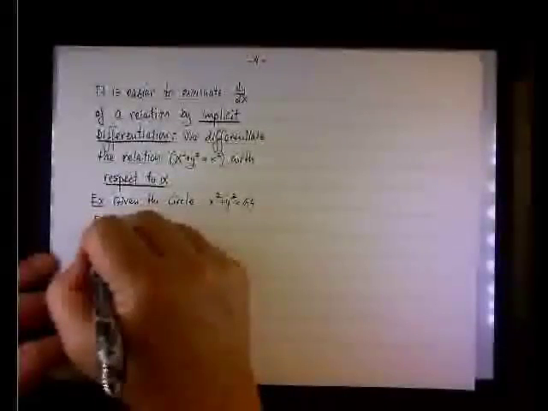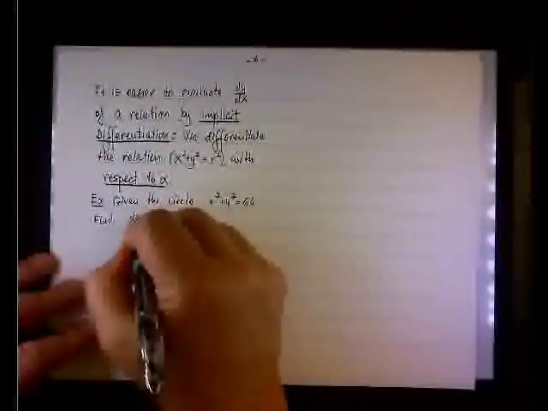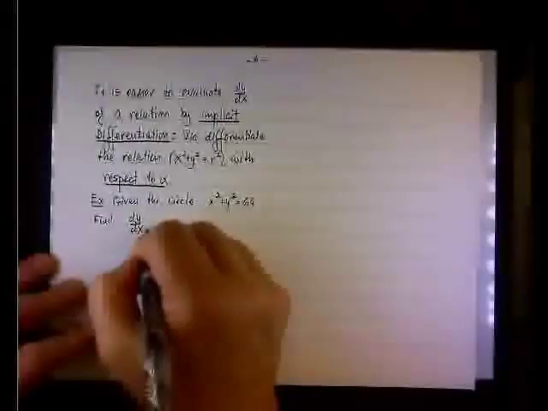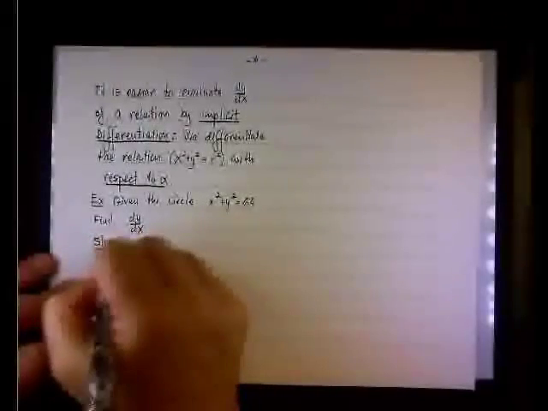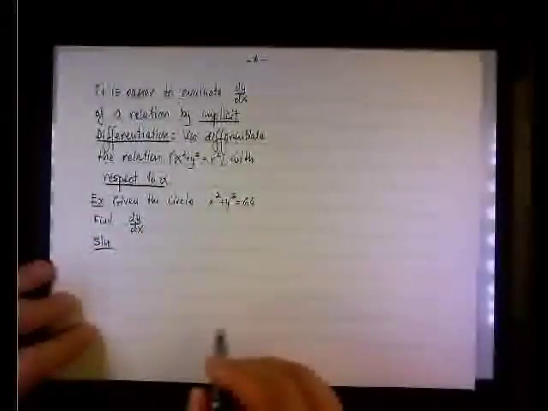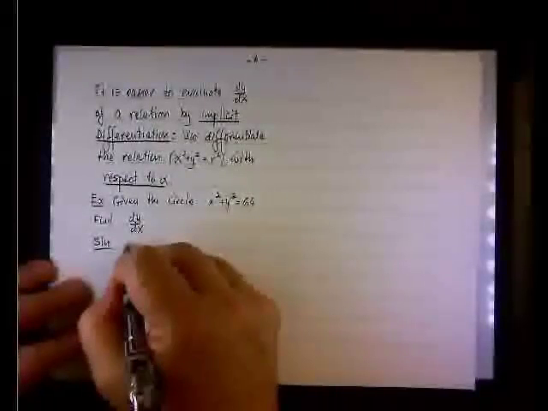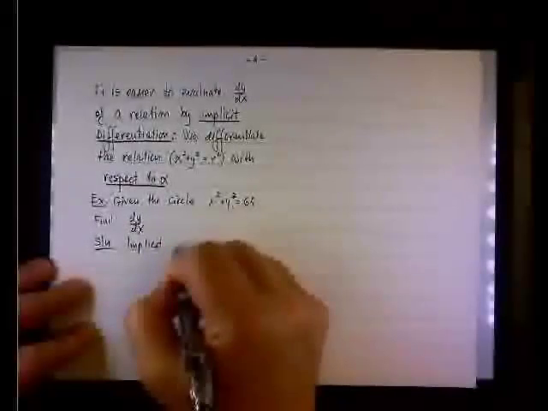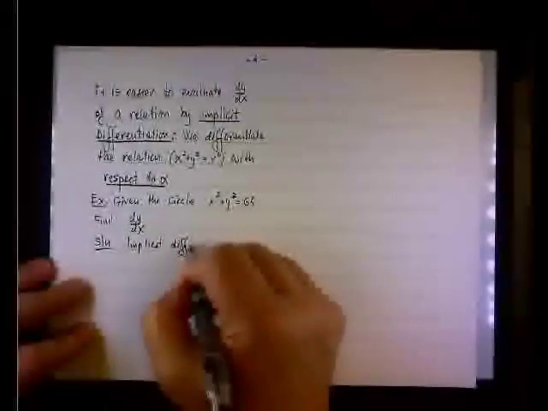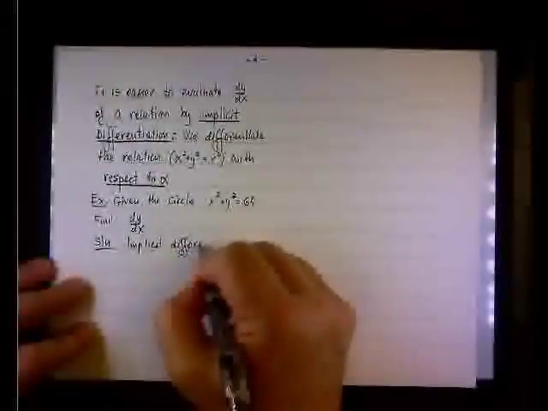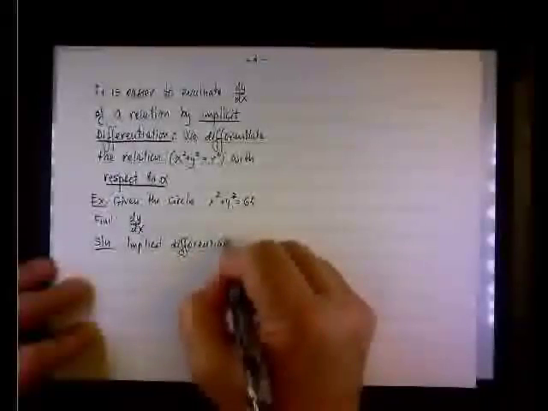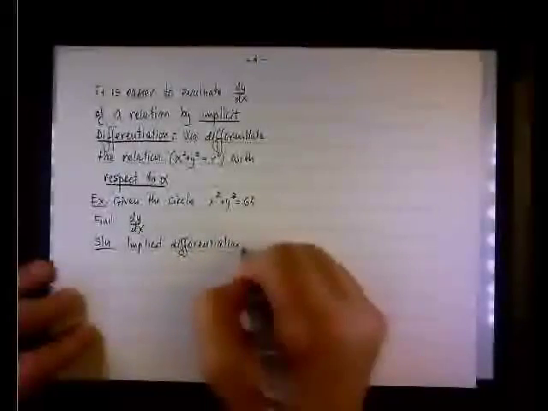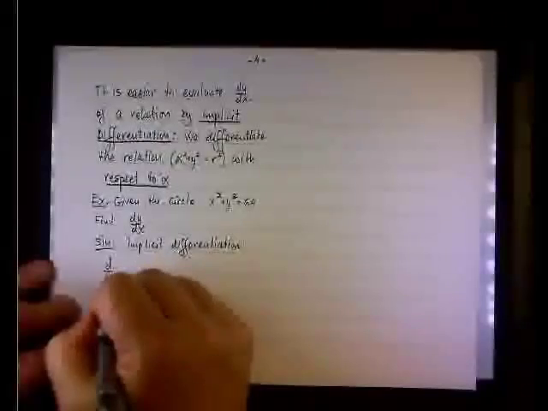And find dy dx. Okay, so implicit differentiation tells us to do the following. That's a long word, implicit differentiation. I think that's the last time I'm going to write it.